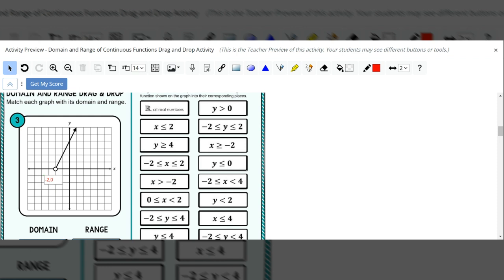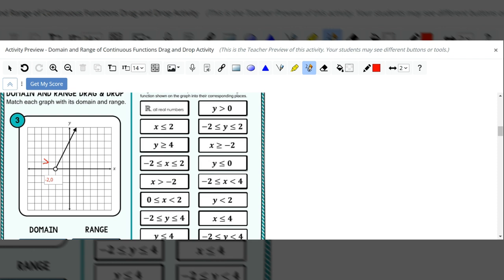So this point here is -2 comma 0. But again, this is an open circle. We need to know that an open circle tells us that it can be written as greater than, like that. Either greater than or less than, but this is greater than.